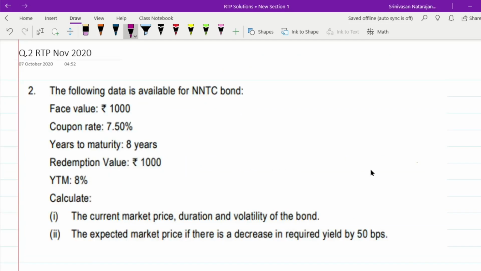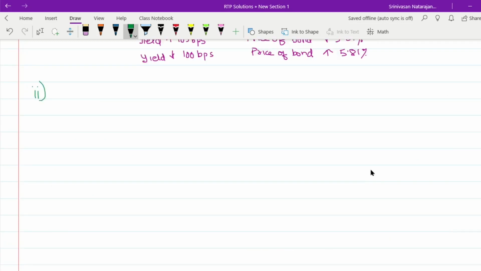The second part requires us to find the expected market price if there is a decrease in the required yield by 50 basis points. That means they want us to find the new price of the bond if the yield goes down by 50 basis points, right? So now let us find this part. The second part, price of bond if yield drops by 50 basis points.